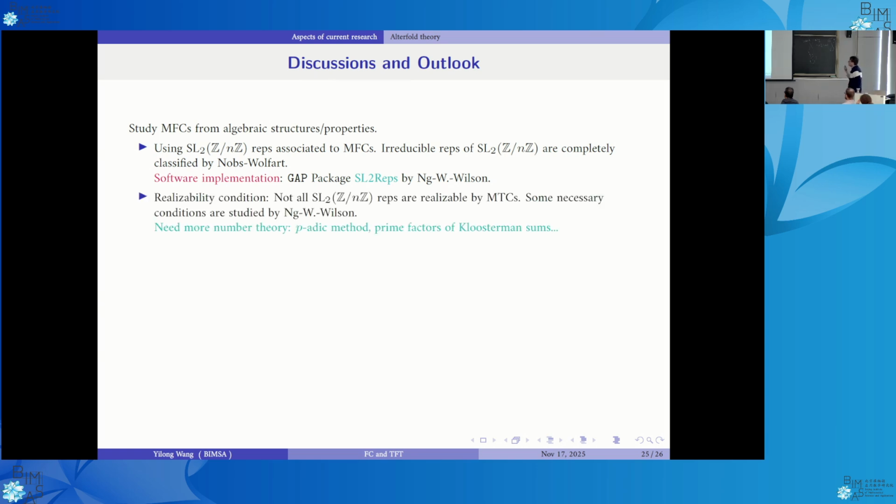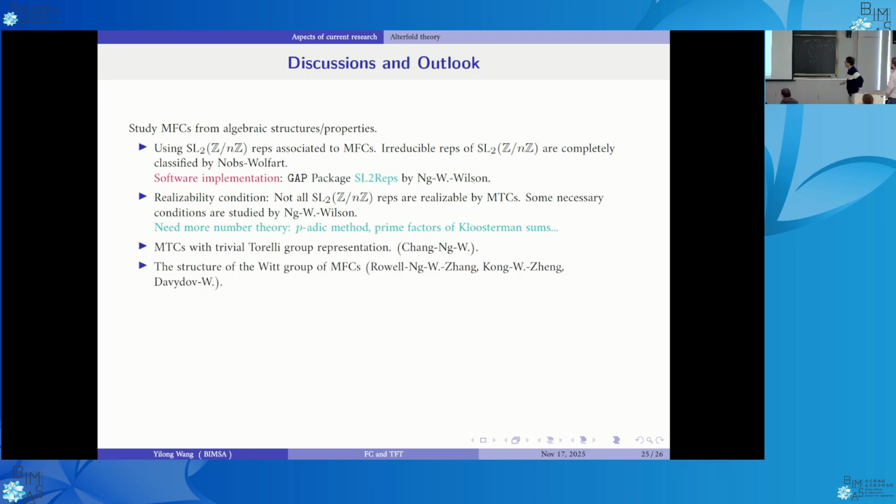Not all such representations can be realized by modular fusion categories. Some necessary conditions are explored by us, but we are stuck at a certain number of theoretical problems. So if you have experience in prime factors of Gauss sums, please let me know. We are stuck for 2 years.